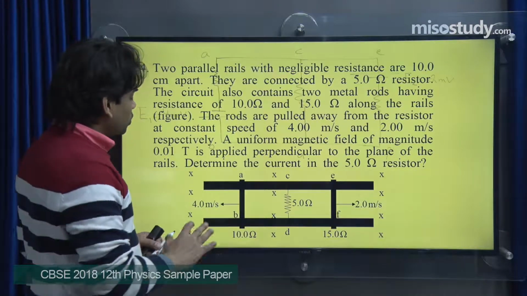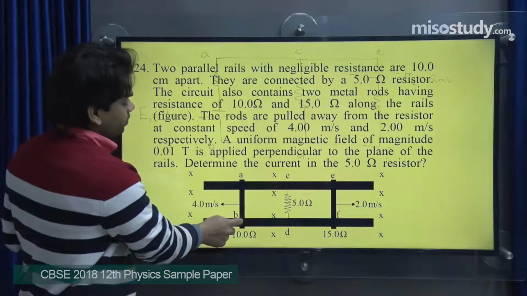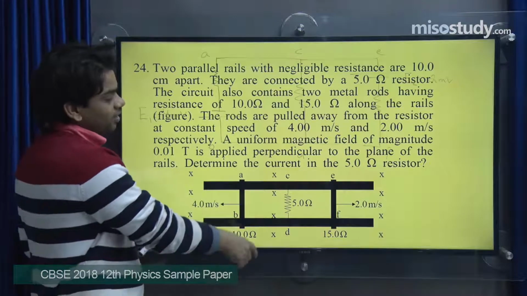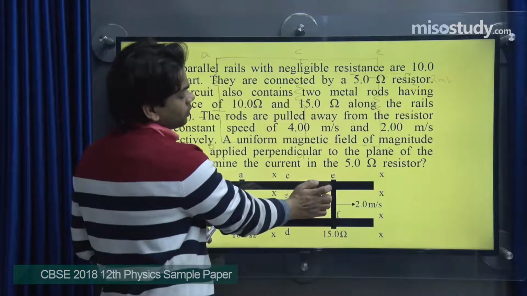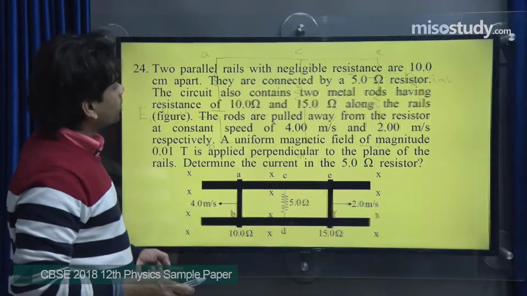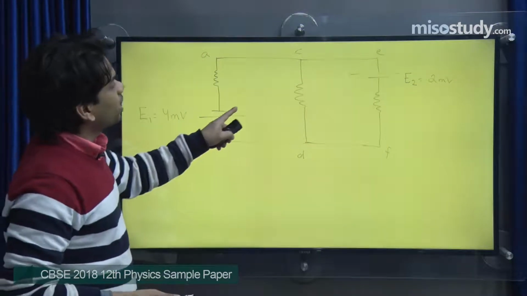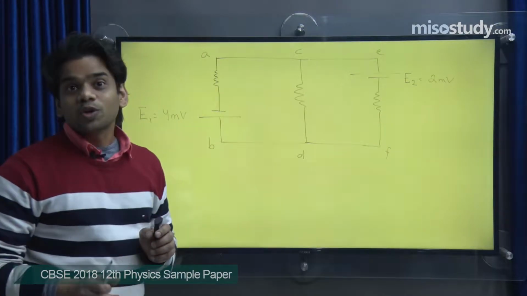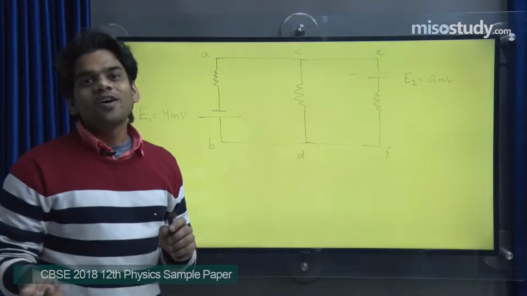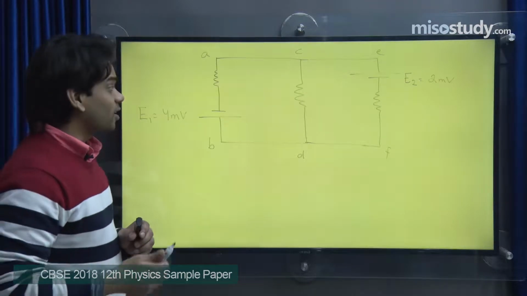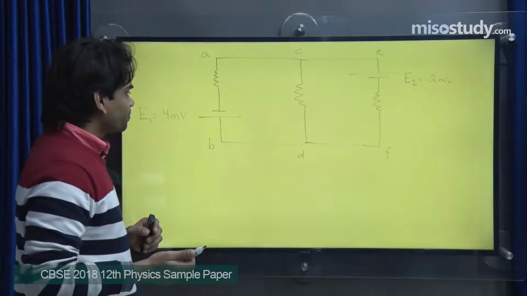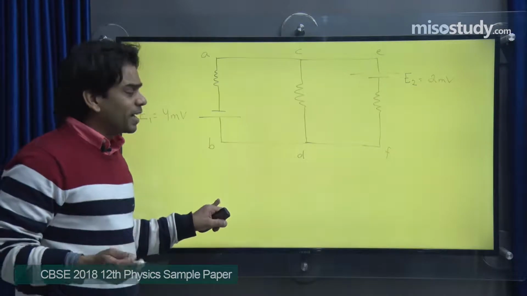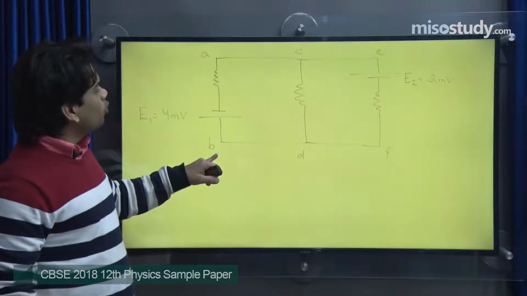Positive charge is going to shift here, so this end will become positive, and here, if you do QV cross B, positive charge will shift here. So that's what I have marked, a positive terminal here and a positive terminal here. QV cross B you have to use, not ILB, which is for the force on a current carrying conductor placed in a magnetic field. Here the conductor is moving in a magnetic field, so we see by QV cross B.